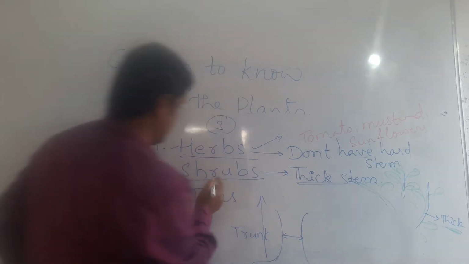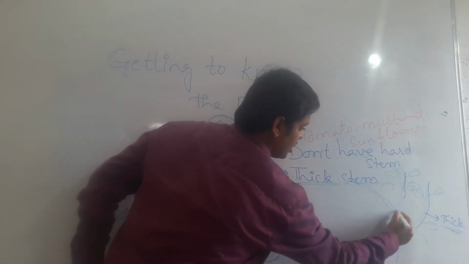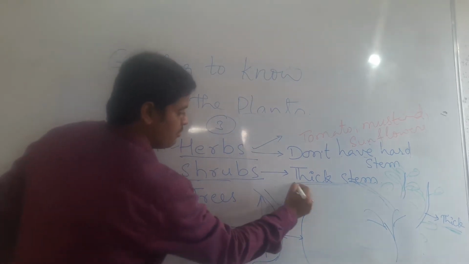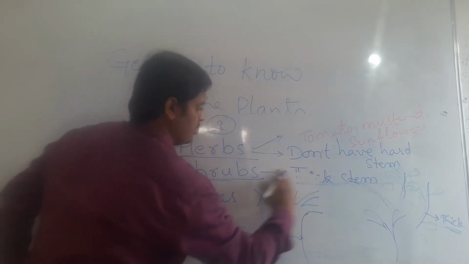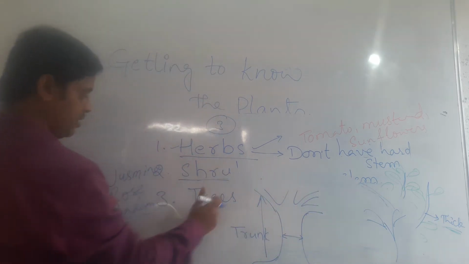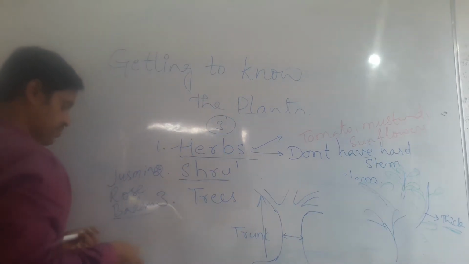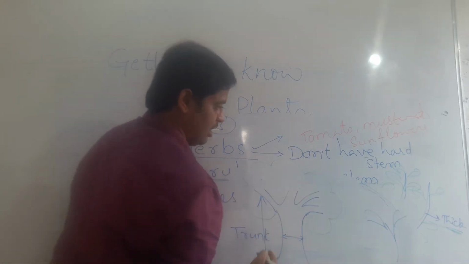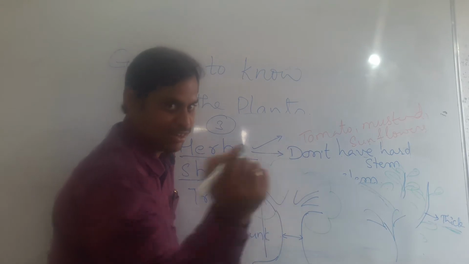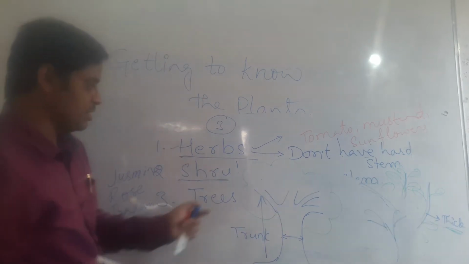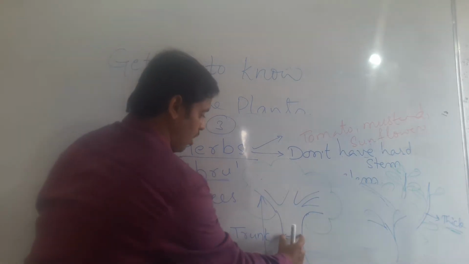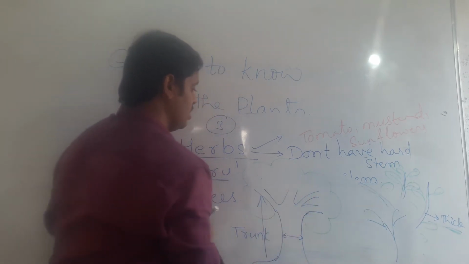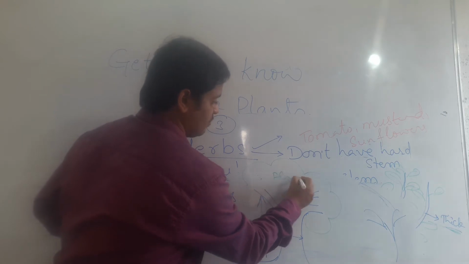Whereas shrubs show branching near the ground, trees show branching very far away from the ground, and you can see the huge branching. See, this is what is called a tree. I know very well that you drew it like this in your childhood, right? This is the tree which has a very hard stem, and it has a well-branched trunk, and it is able to give flowers and fruits.